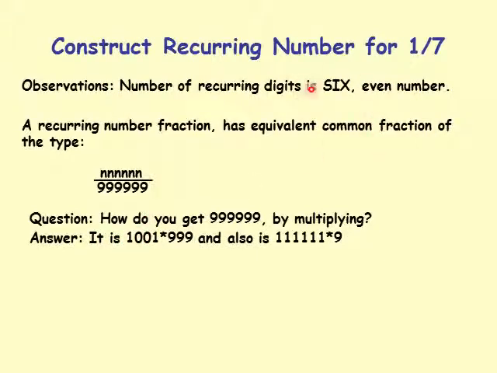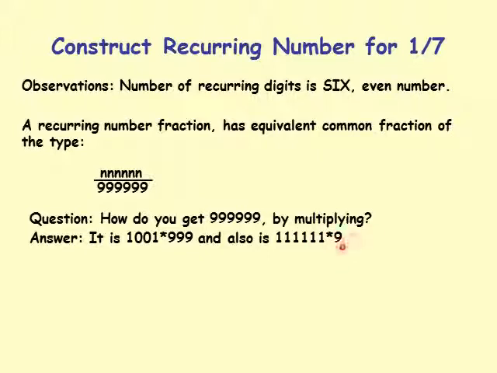First of all, 6 is an even number, and you can get 6 nines two ways. One is 1001 times 999. 999 is 3 digits, and 1001 is 4 digits with 2 zeros in the middle and 1s at the ends. And also you can start with 6 ones and multiply by 9.